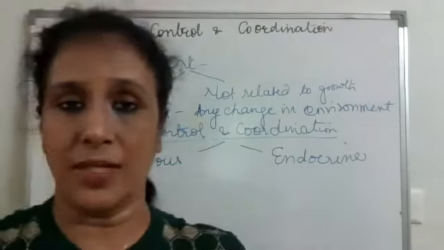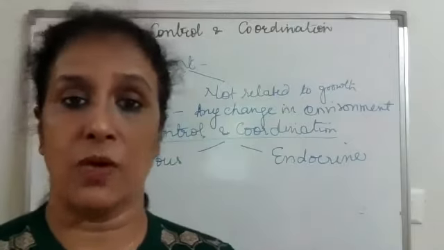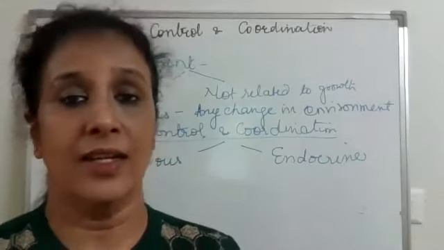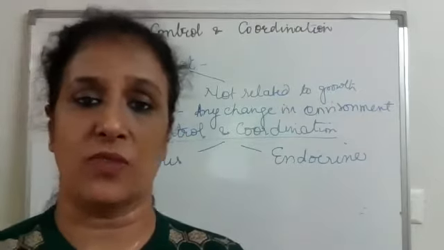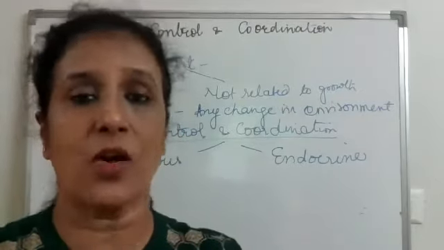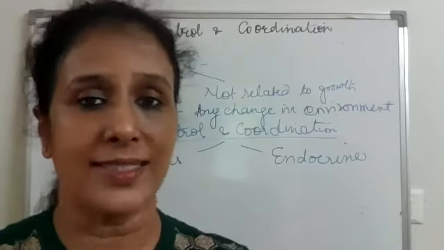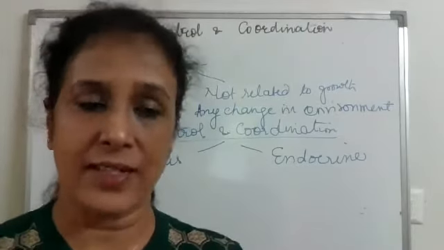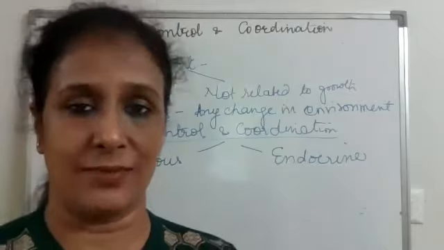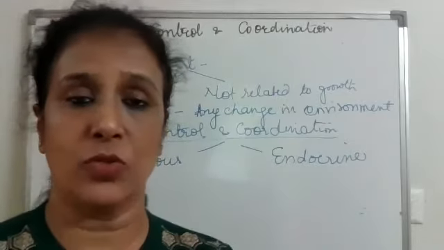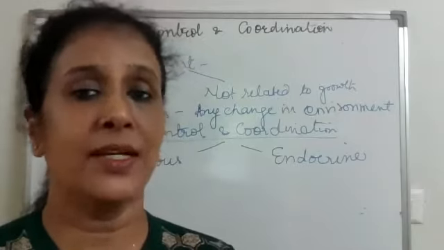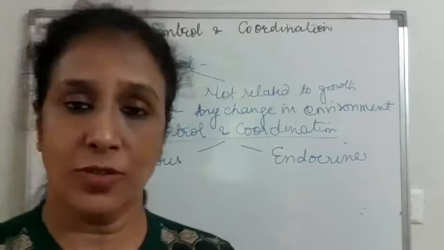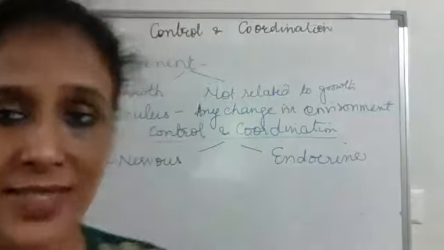But when the body becomes more complex, when it is made up of millions and trillions of cells, then for efficient performance of any function, there has to be coordination among all these cells. So for that, we have these two systems. In this chapter, we are going to study the nervous system and the chemical or endocrine system. So let us first study the nervous system.